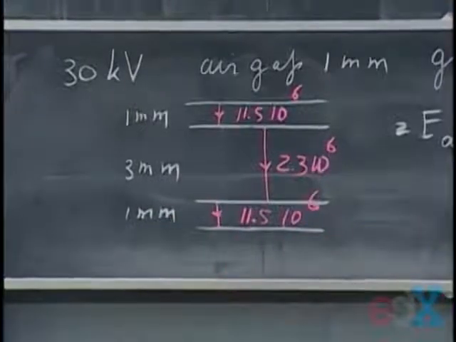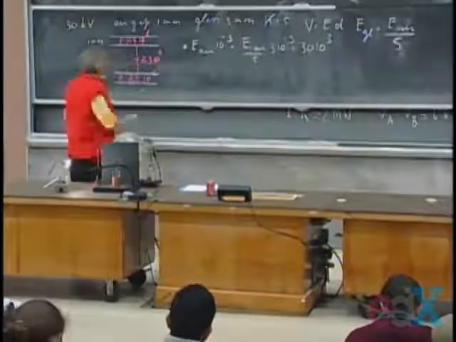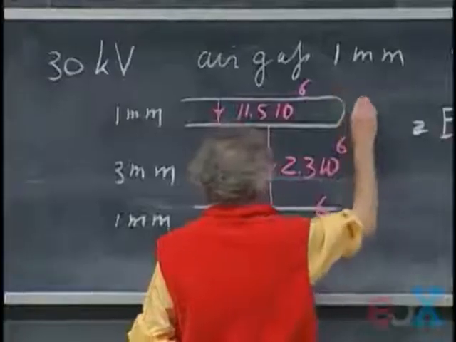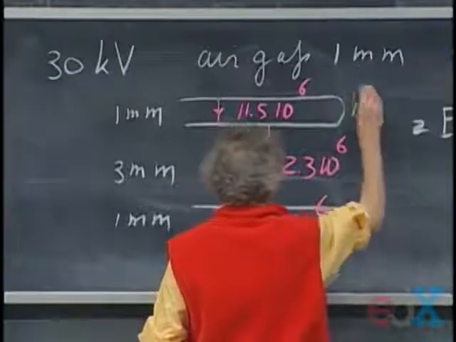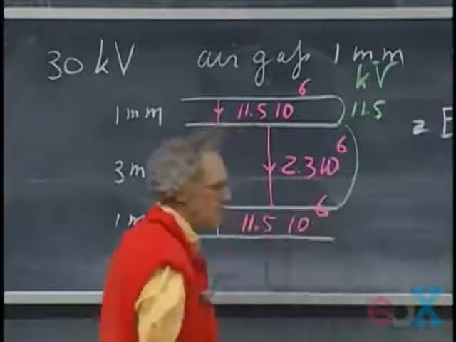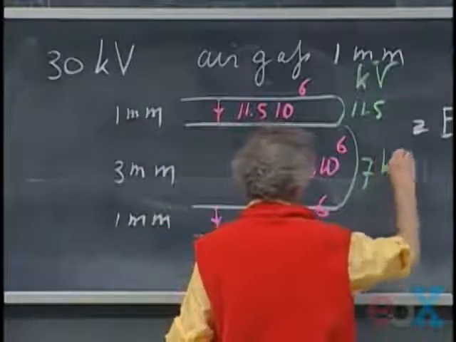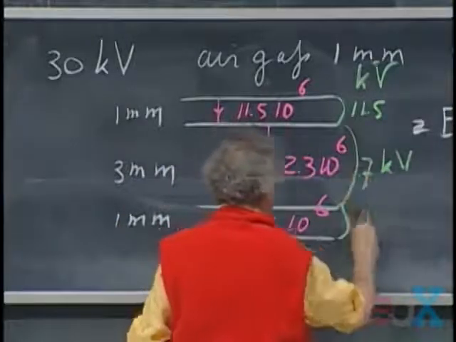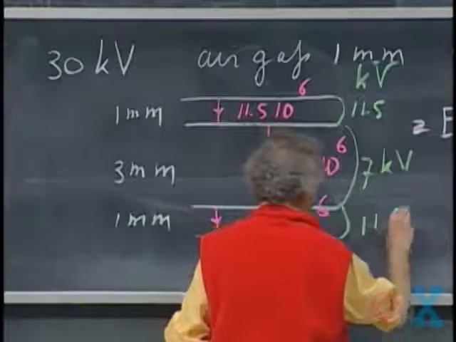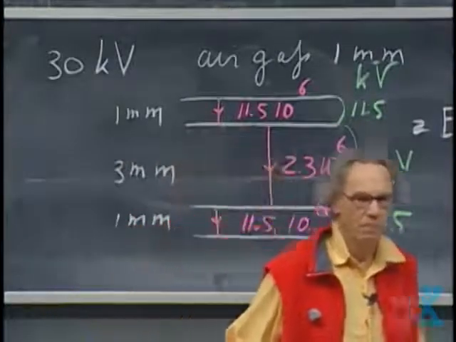To show you that I did my homework correctly, the potential difference here is now 11.5 kilovolts. I put it here in kilovolts. The potential difference here is now about 7 kilovolts. And the potential difference here is the same, 11.5 kilovolts. And if you add them up, you get 30.